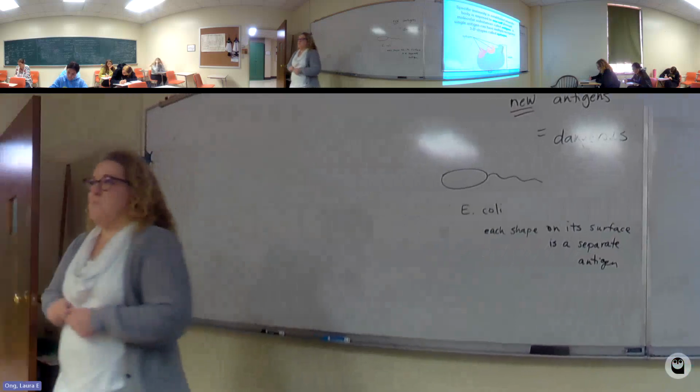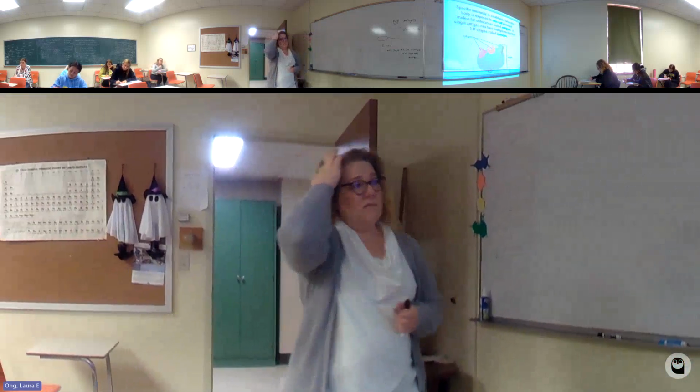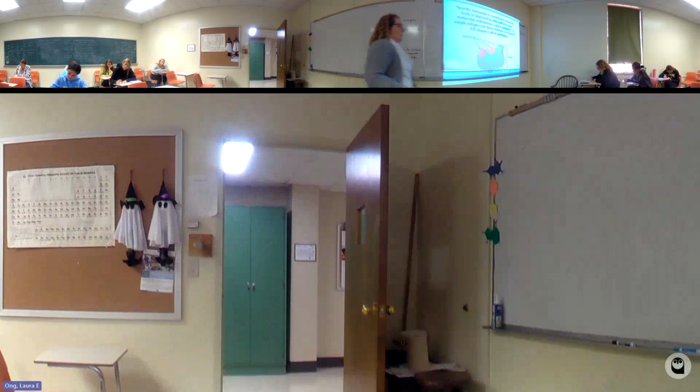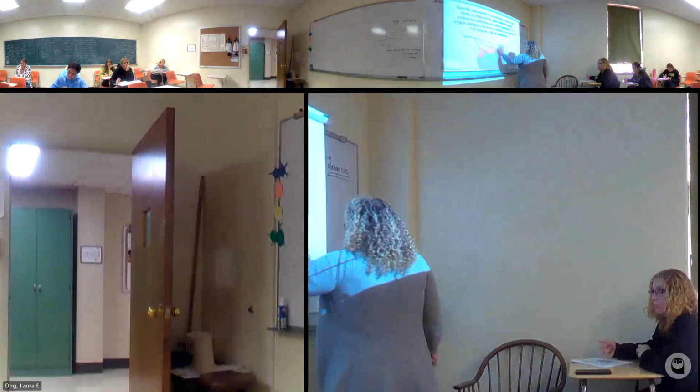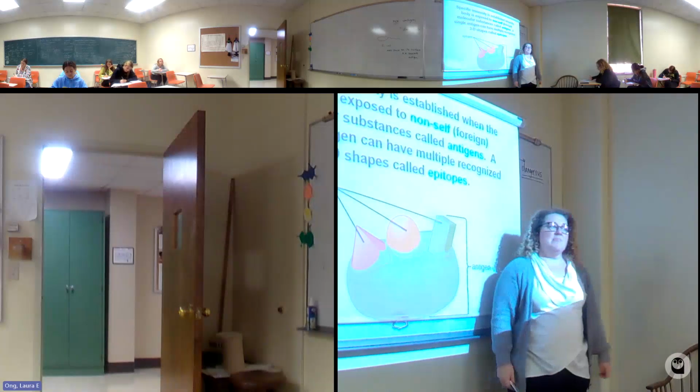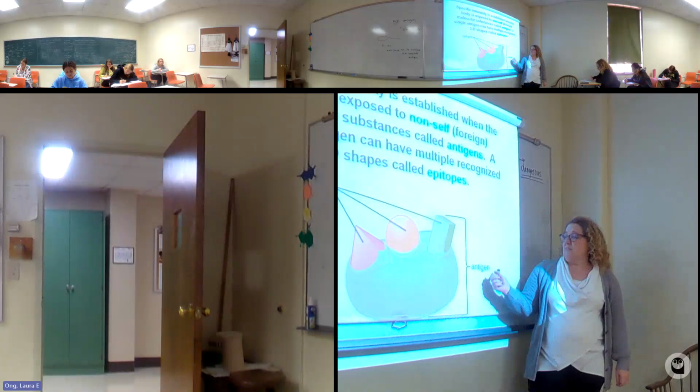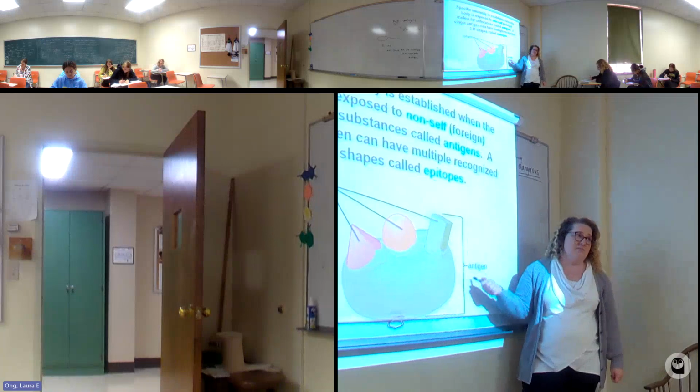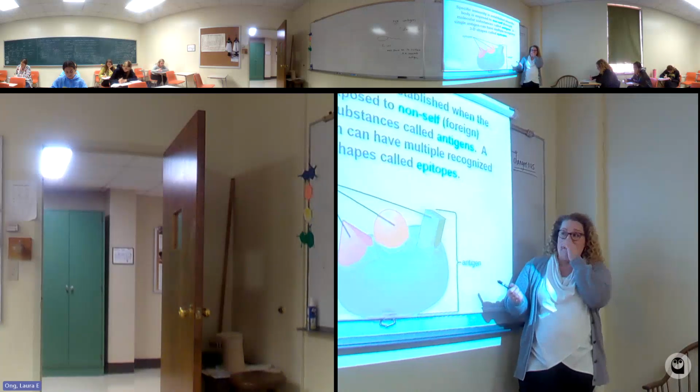And the shapes individually, we can call those epitopes. So an antigen can be a substance that has a lot of different shapes, but each individual one can be an epitope. I'm mostly going to call the shapes antigens for simplicity's sake.